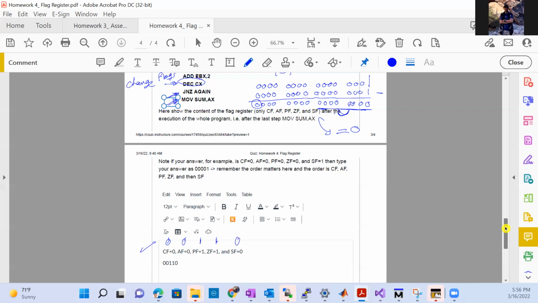As we said in the beginning of that video, and when we explained the flag registers, a transfer instruction like move doesn't change the flag register. So these values 0, 0, 1, 1, 0 will stay, and will not change after executing jump not 0 and the move sum and the x.